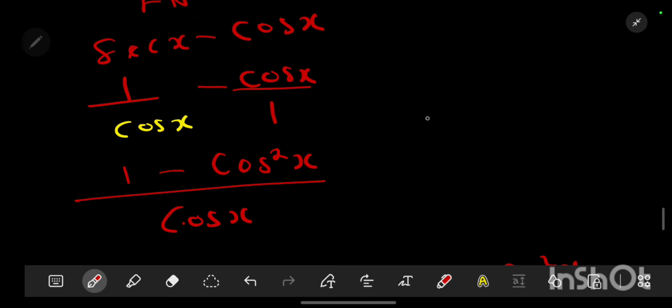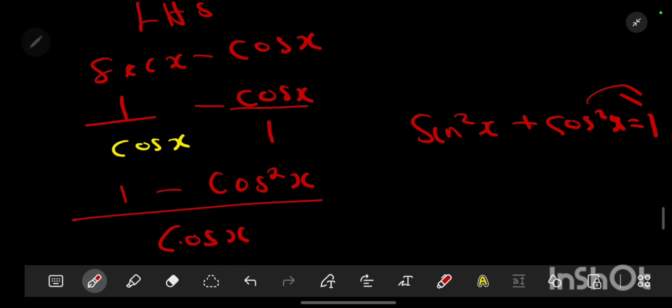By now you should be able to remember sine squared x plus cos squared x is equal to 1. So that means if I take this to the other side, it will be sine squared x is equal to 1 minus cos squared x.